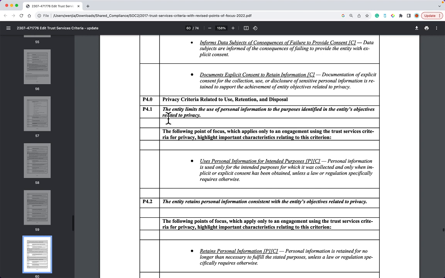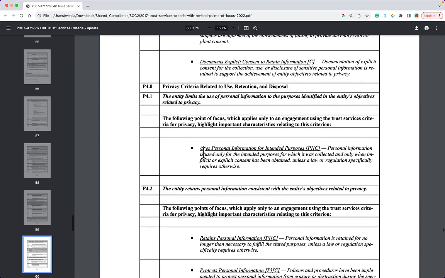P4.1, the entity limits the use of personal information to the purposes identified in the entity's objectives related to privacy. So you can only use personal information for the intended purpose.